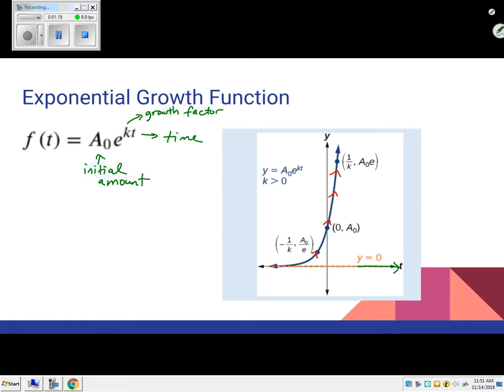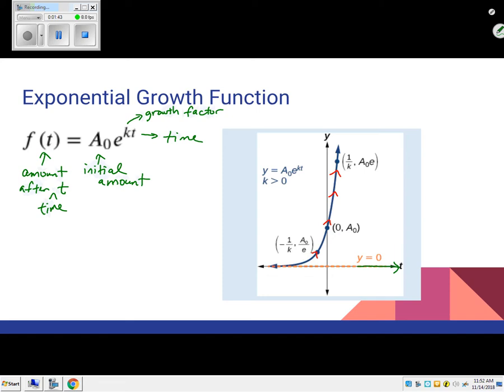Initial number of people, initial number of bacteria, whatever we're talking about that is growing exponentially. And so f of t is the amount I have after t hours or t minutes, whatever time t is. The amount after time t that I would have.